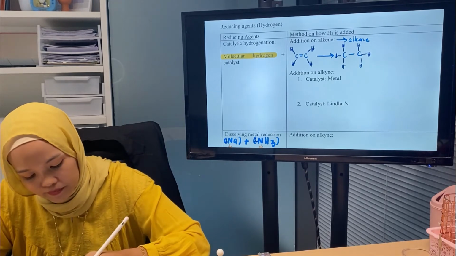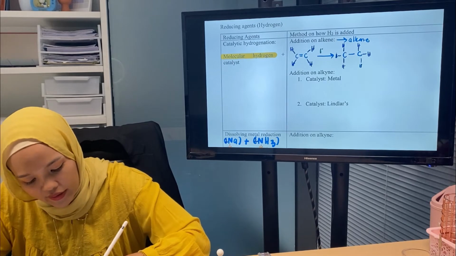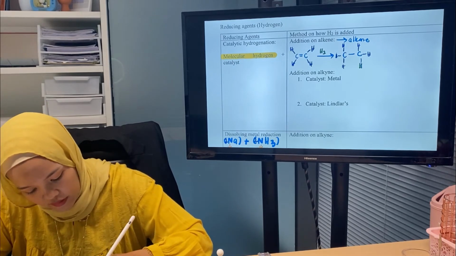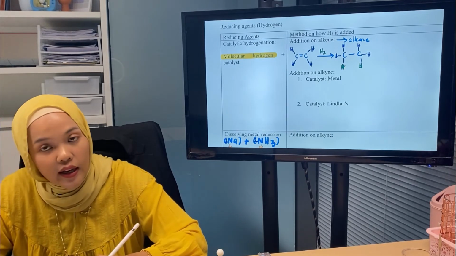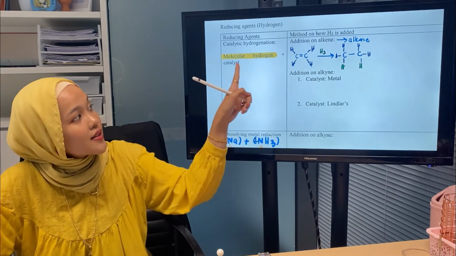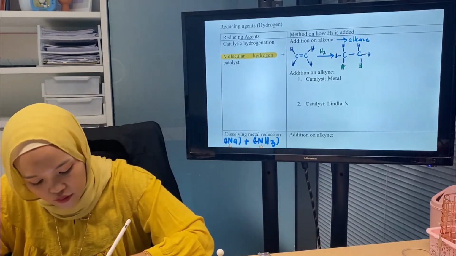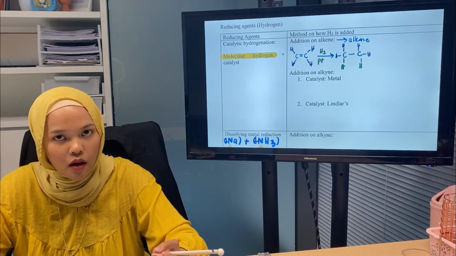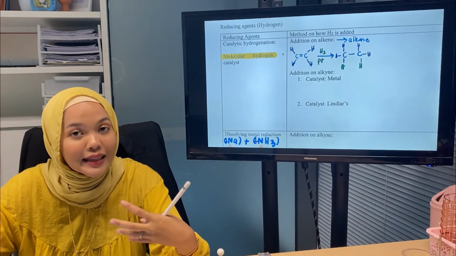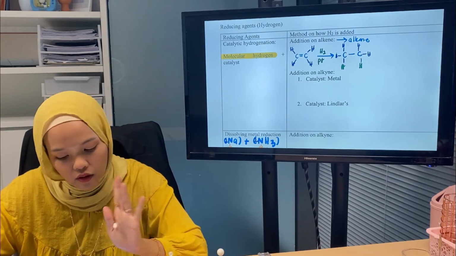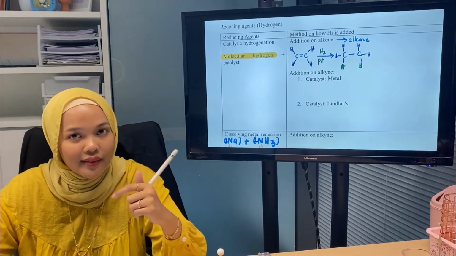So remember, you are adding H2 in the presence of a catalyst. The catalyst you use, for example platinum, palladium or nickel, depends. Not a problem as long as it is a metal catalyst.